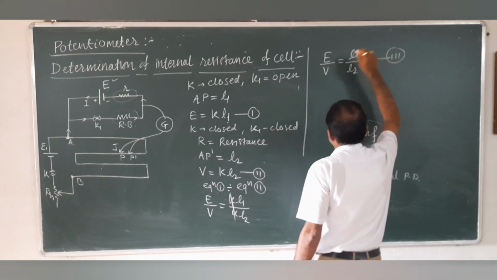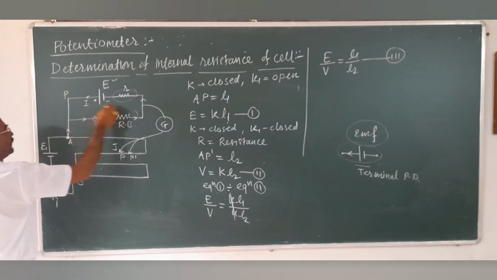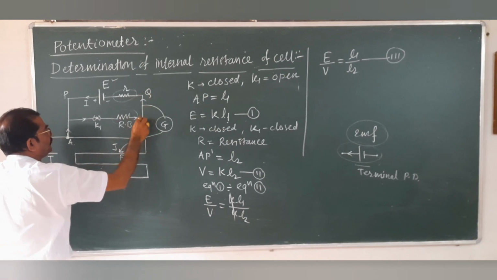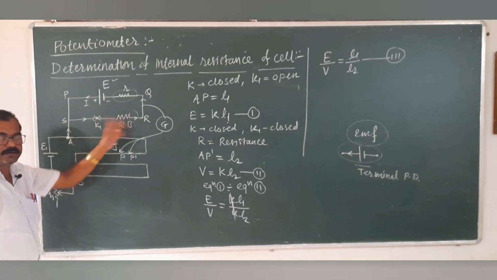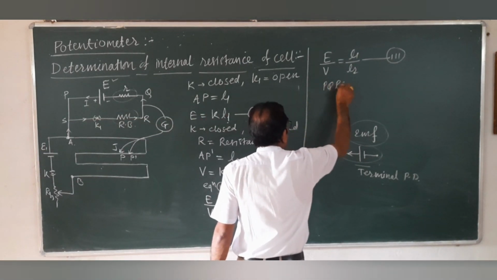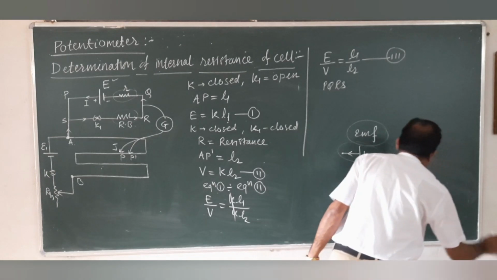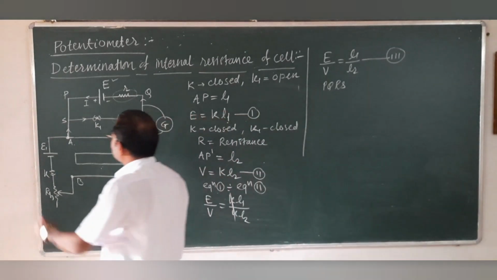Equation number 3. Now apply Kirchhoff's voltage law on this upper part of the circuit, PQRS suppose. Okay, what did we take? A loop PQRS. On this loop, if Kirchhoff's voltage law is applied, then you know the sign convention already.